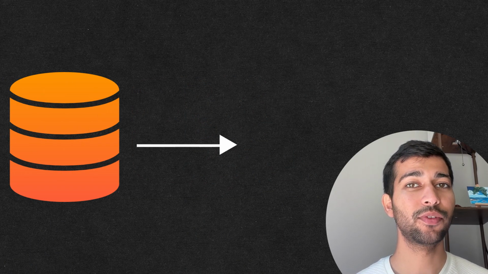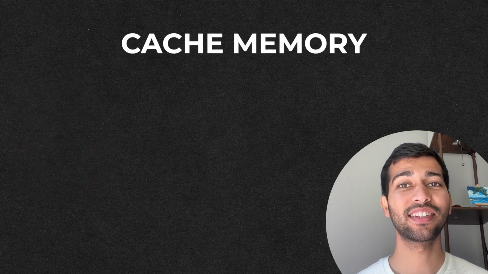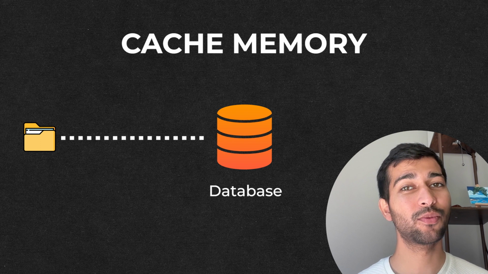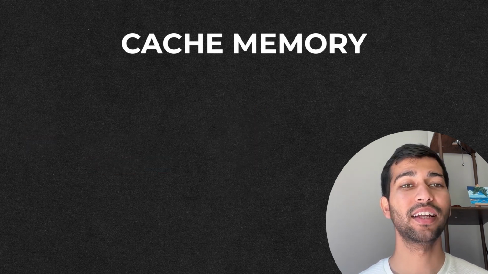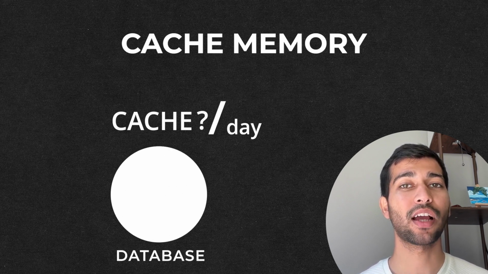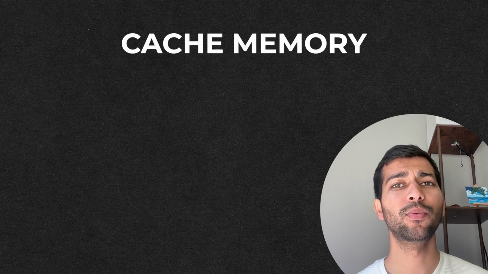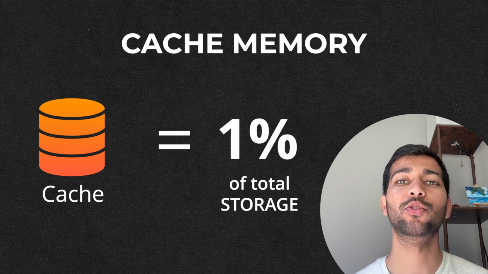When we talk about memory, what we mean is we are estimating cache memory size. Well, everybody knows that accessing data from a database is very slow. That's why we use cache. And to estimate the amount of cache memory required in a day, we simply need to take some percentage of the total storage. So in our case, let's assume the memory that we use is somewhere around 1% of the total storage.